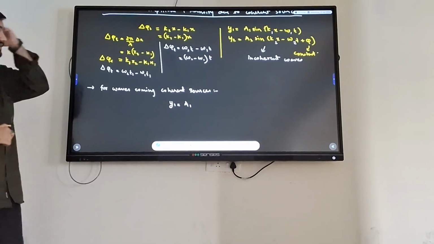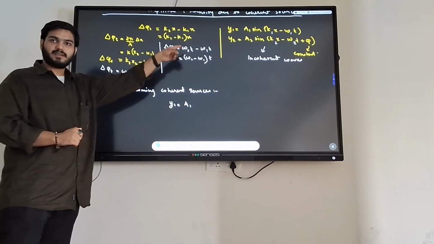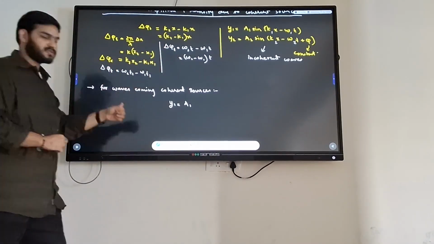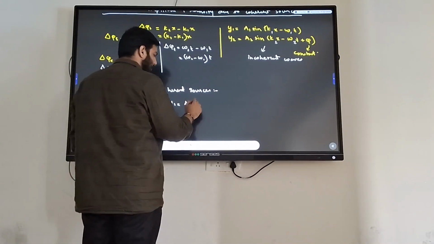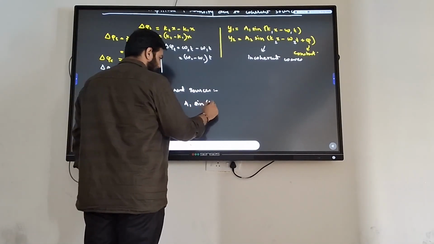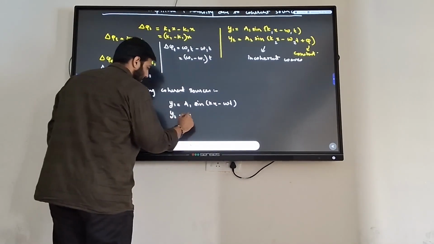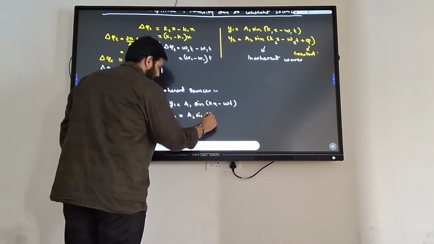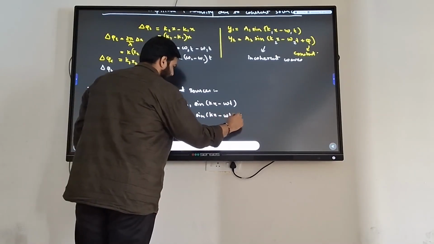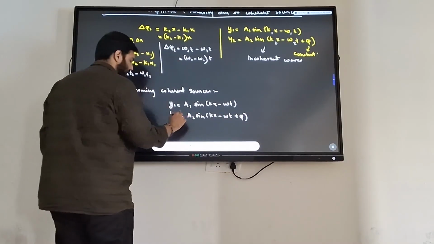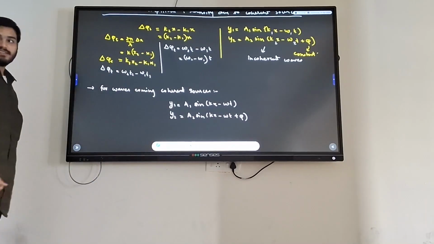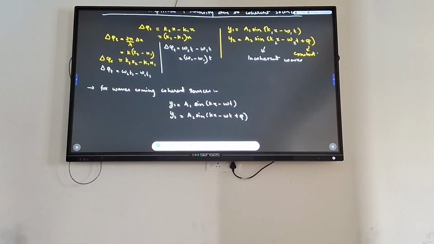Yes? When I write in here, do I mention it in A anywhere? So amplitude can be in general different. A1 sine (kx minus omega t). What about y2? A2 sine (kx minus omega t plus phi). These are my two waves which are coming from coherent sources.